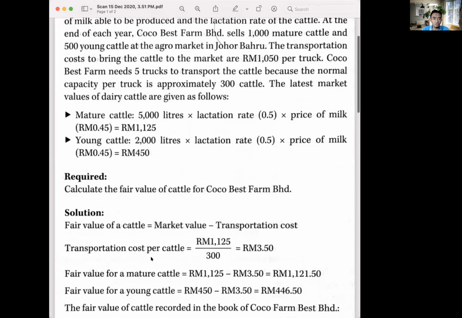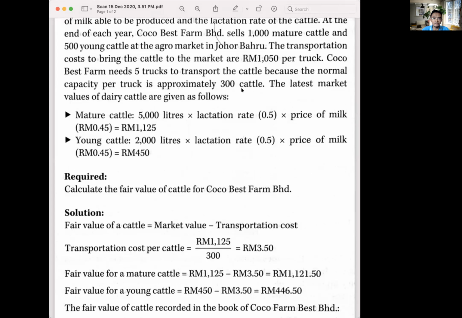So the transportation cost per cattle, okay, macam tadi dia kata satu truck harga dia ialah 1,050 ringgit. Each truck can accommodate 300 cattle. Jadinya per cattle is 3 ringgit and 50 cent.